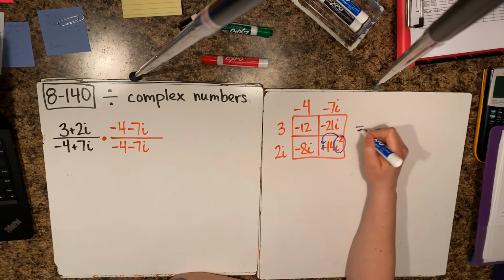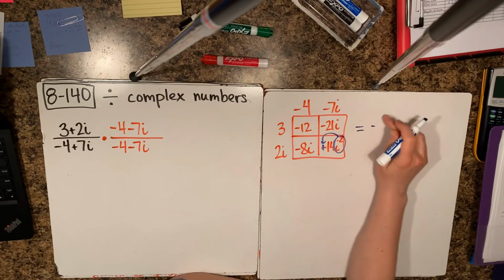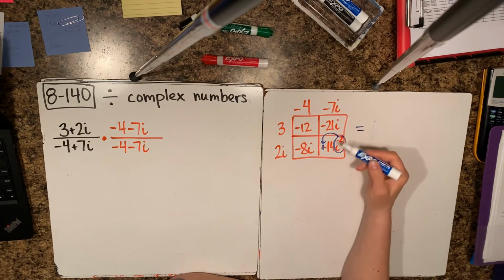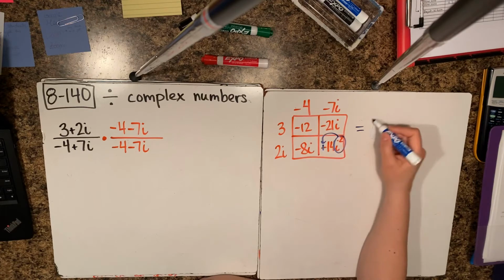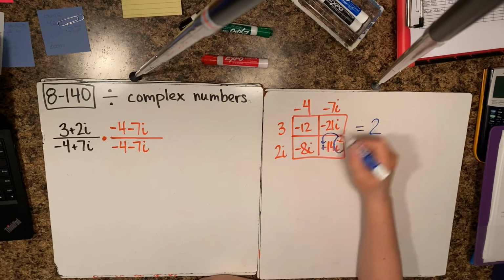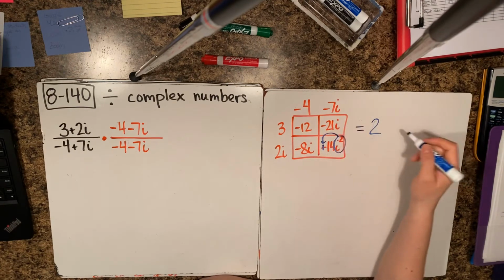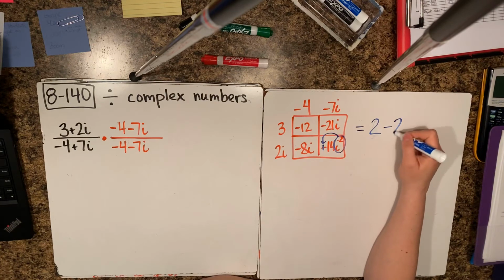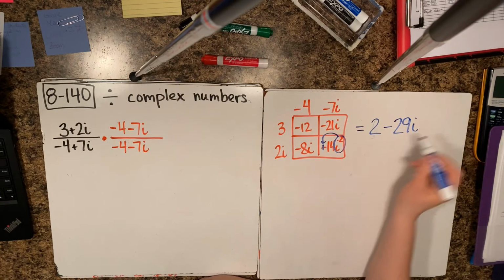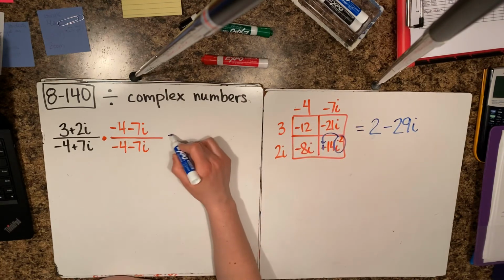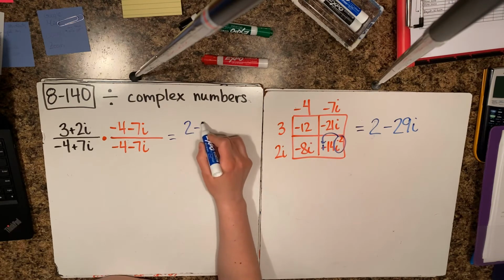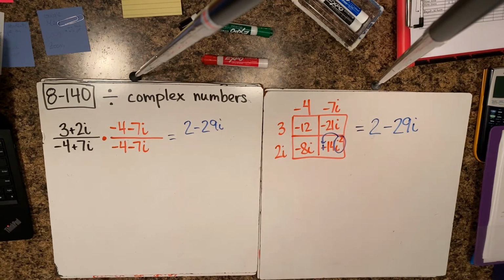So when I combine like terms here, let's do the real portion first. I have +14 minus 12, so that's 2, and I have -8i plus a -21i, so minus 29i. Remember, that's just the numerator. Okay, so 2 minus 29i, just the numerator. The denominator, we're going to do the same thing.